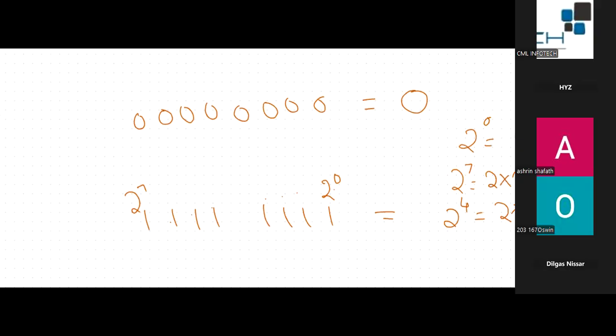For 2 raised to 2, I calculate 2 to the 2 power. For 2 into 1, I calculate 2 raised to 1. Give me a second.